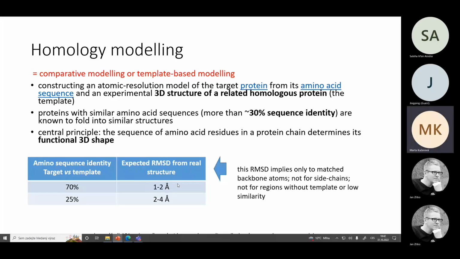So the lower the RMSD, the better. With 70% sequence identity, we can have a quite reliable model with a low RMSD value, whereas with only 25% sequence identity, the model will not be as reliable and the RMSD will be higher.